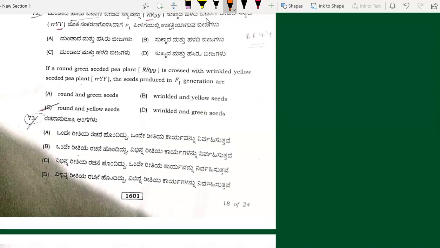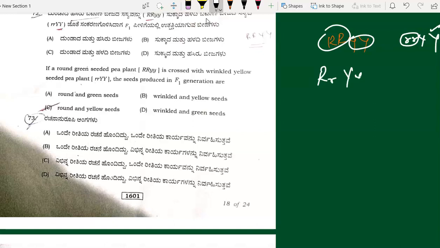Okay, see here. Here RRYY is the dominant one in the F1 generation. What happens? Small r small y is there. This is the dominant one, this is the recessive one, and here this is the dominant one, this is the recessive one. Dominant will express. So we are going to get round and yellow seeds.